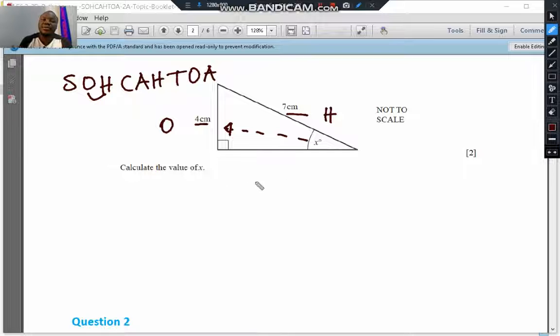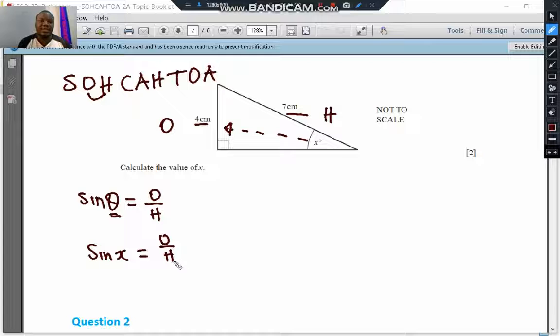So if you remember very well, we said sine theta is always opposite over the hypotenuse. Now the theta in this case is the x that we've been given here. So it is as good as saying sine of x of the angle is always going to be equal to the opposite over the hypotenuse.